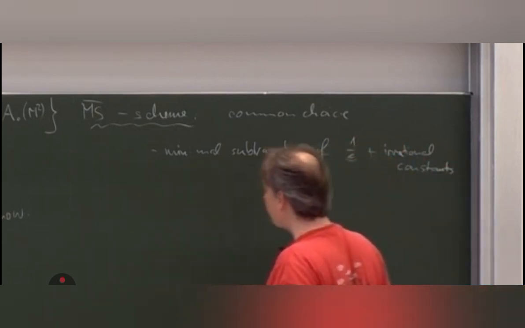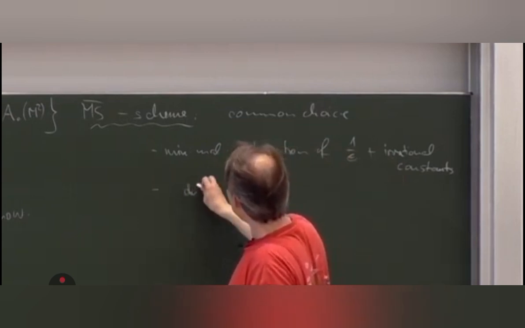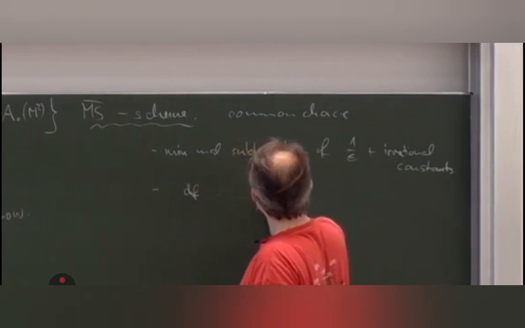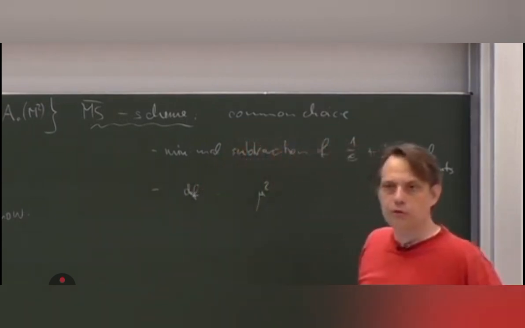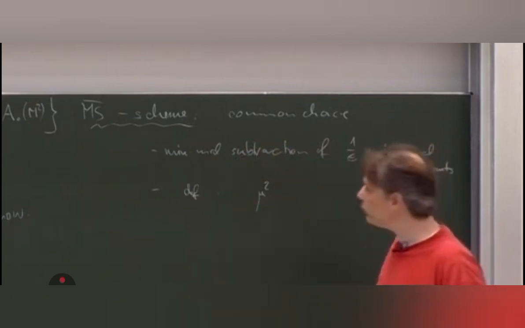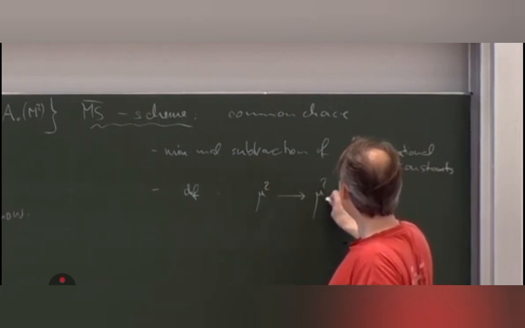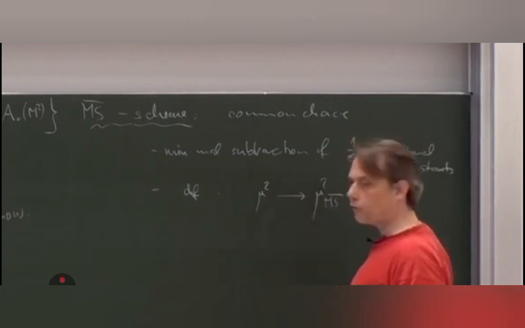And a simple way to implement it is to define the dimensional regularization scale mu square, which appears in front of all the loop integrals, is now redefined to mu square index MS bar.